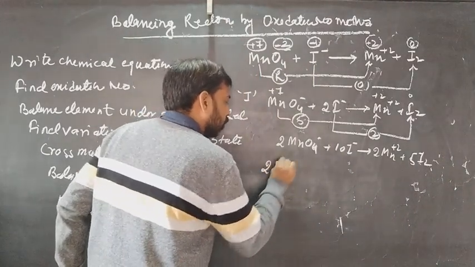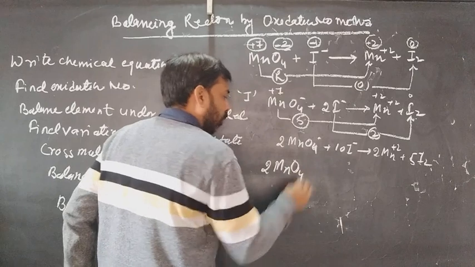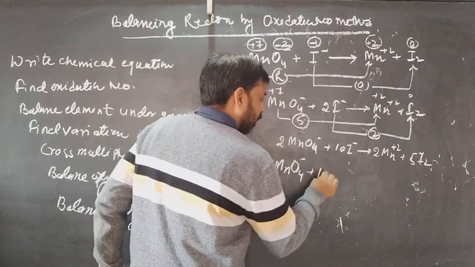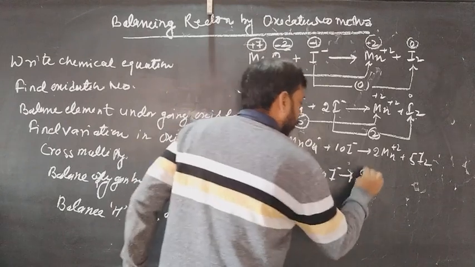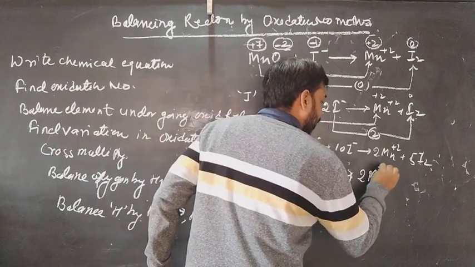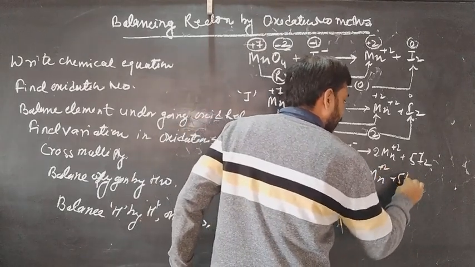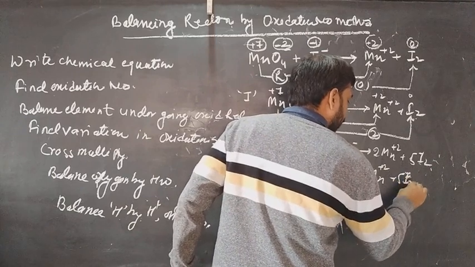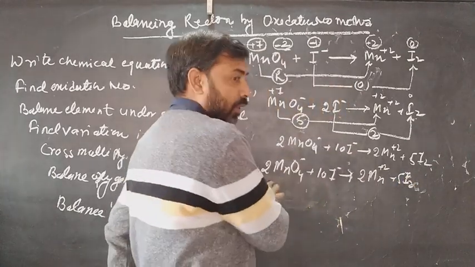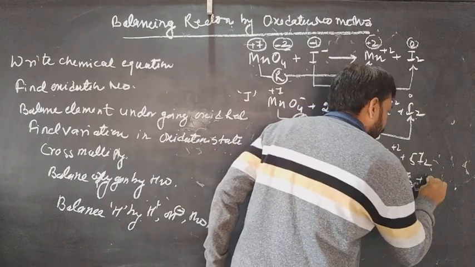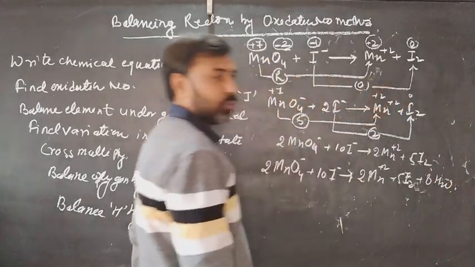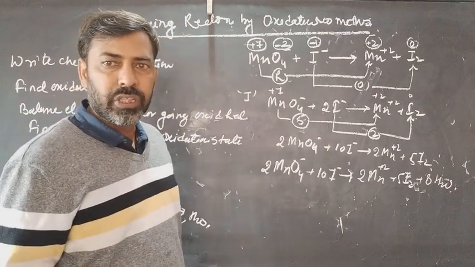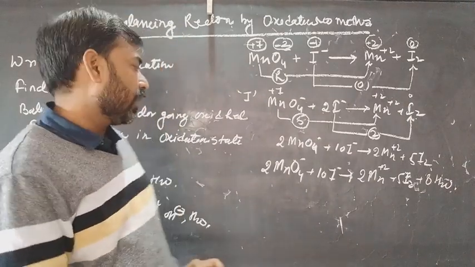It is 2 MnO4 minus plus 10 iodide ion gives 2 Mn plus 2 plus 5 I2 plus, total 8 oxygen आपको बढ़ाने हैं, तो 8 वाटर मॉलिक्यूल यहाँ पे ऐड कर देंगे, 8 H2O. Now oxygen is balanced.